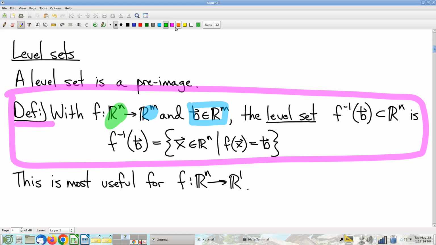So given a blue output value, this construction produces a green pre-image in the domain. And notice the arrow goes backwards. Given an output, we're going to determine a bunch of inputs. And because the arrow goes backwards, that's why we use this notation right here, F inverse of B.